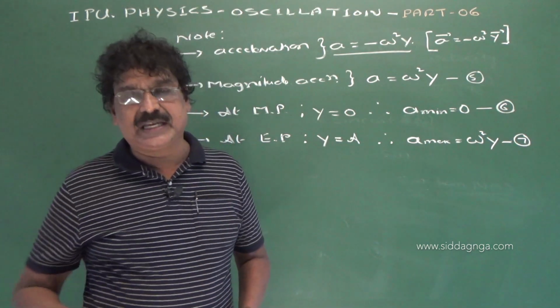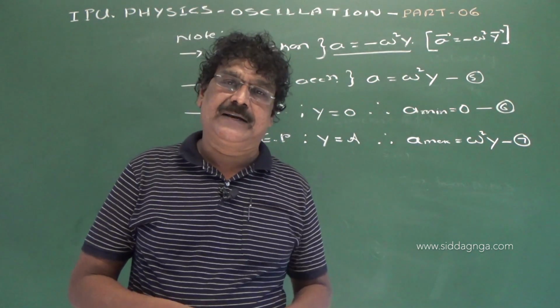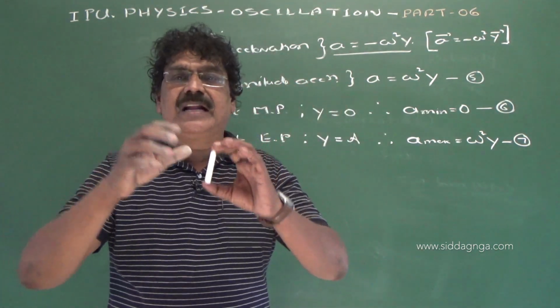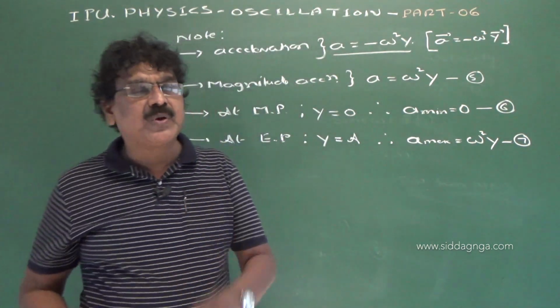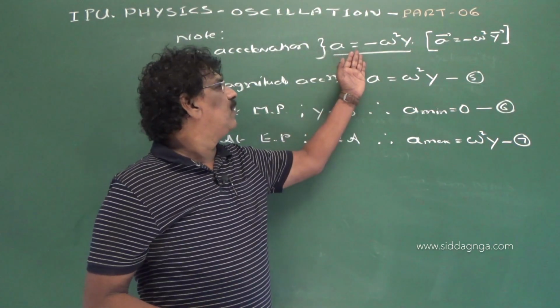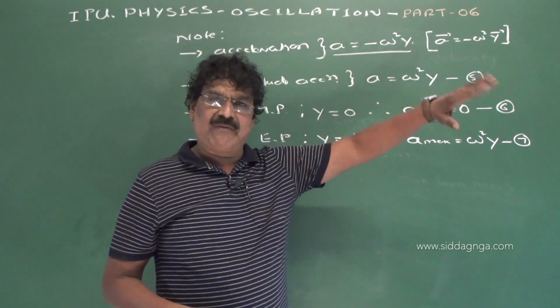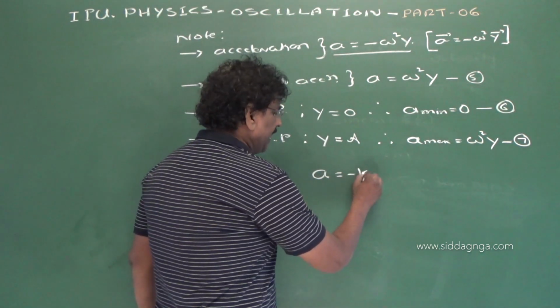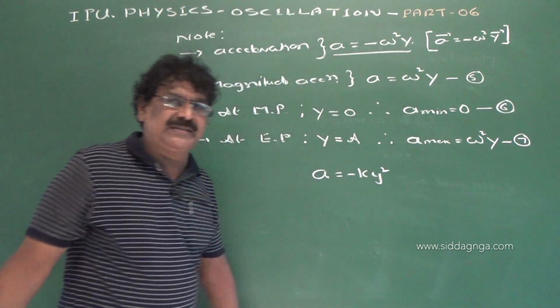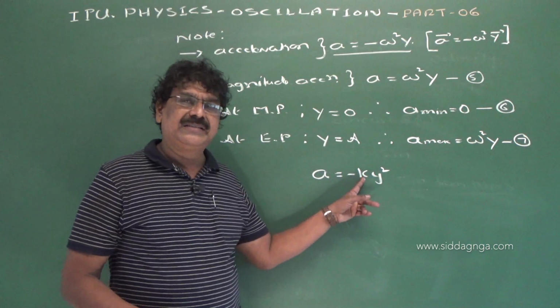One of the significance of this equation is that if the acceleration of motion of any particle comes out to be A is equal to minus omega square y, or A is equal to minus k into y square, where k is a constant.